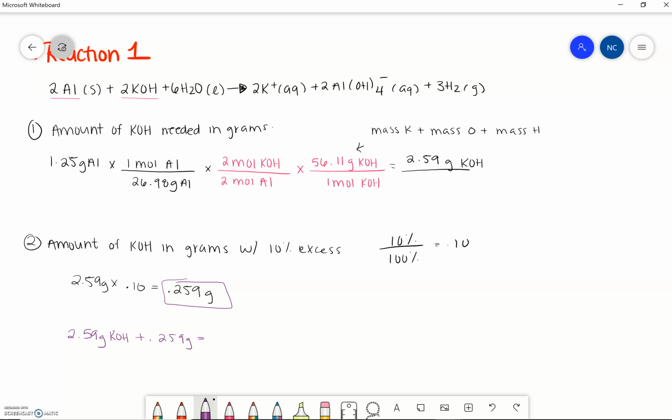And what answer do you get here? You should get 2.85 grams of KOH. This value will go in your proposal. Okay?